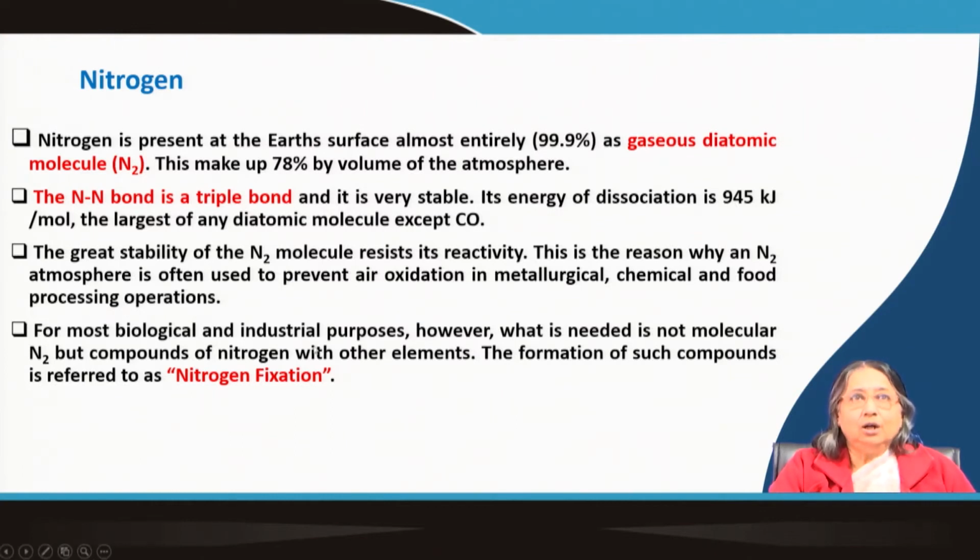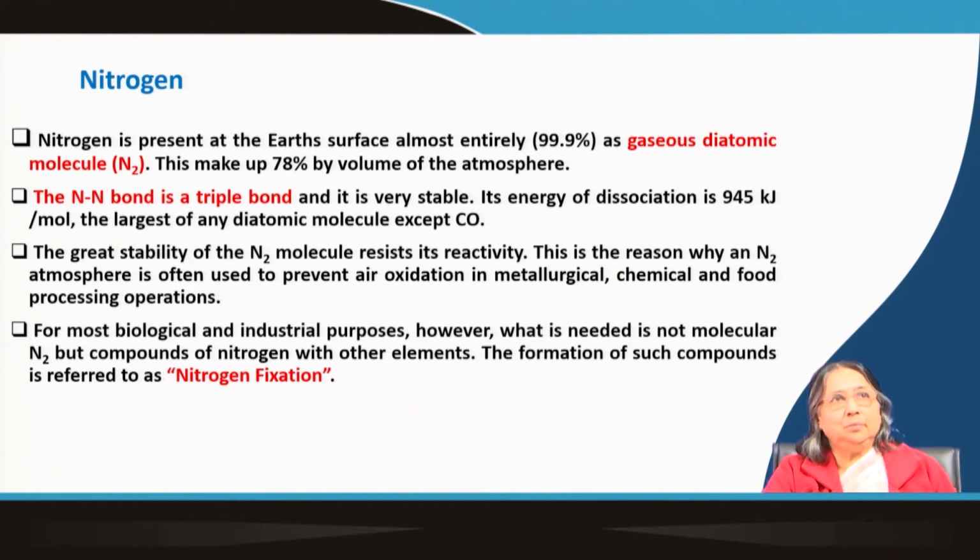But the most important thing is that we do not need the molecular nitrogen, but we need the compounds of nitrogen. You see, the plants take up nitrogen. We need nitrogen very much for our biological systems, for example amino acids, proteins, DNA, urea, everywhere we see nitrogen is present.